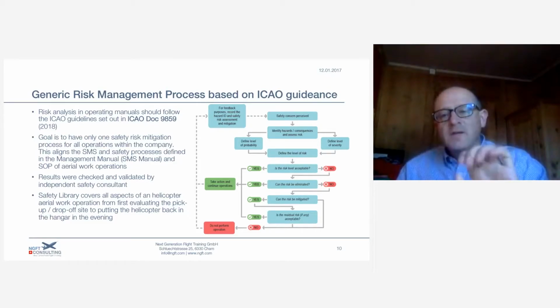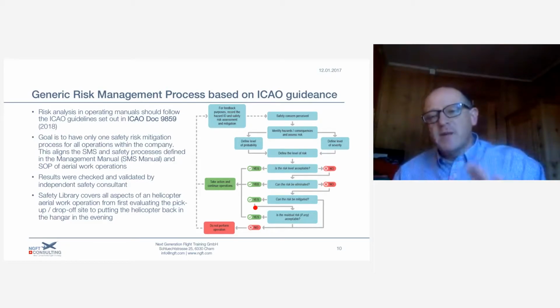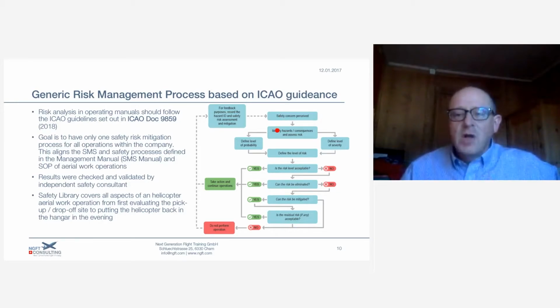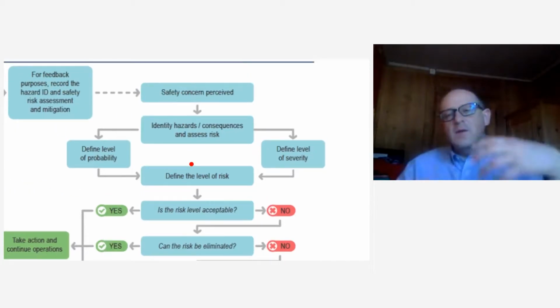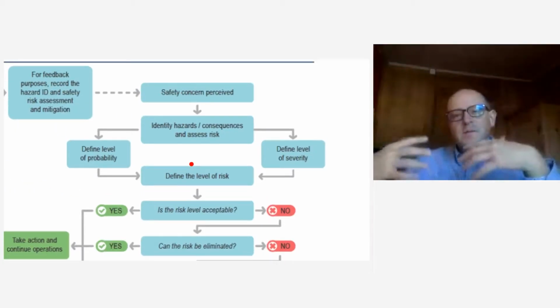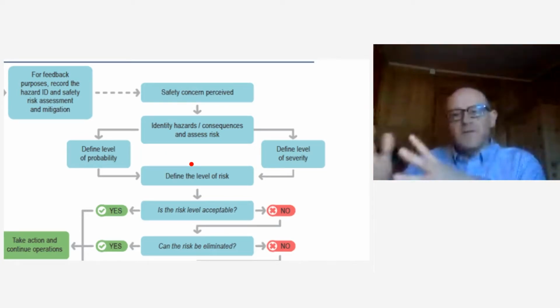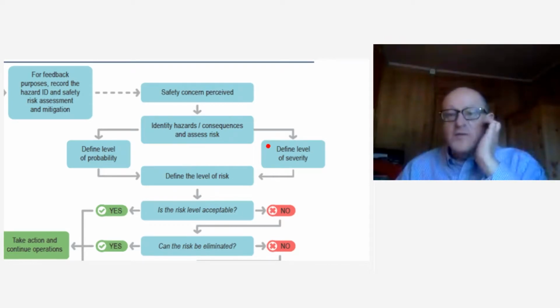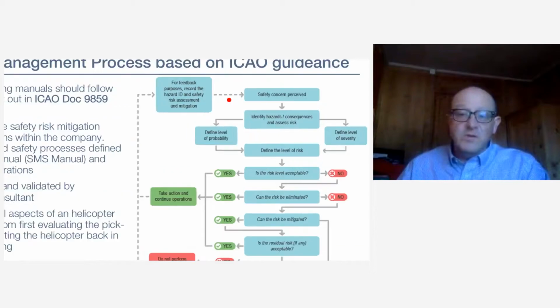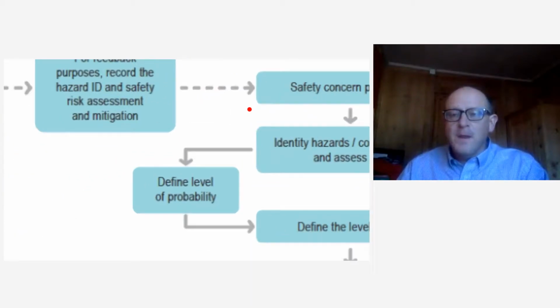Now, the generic risk management process based on the latest ICAO guidance looks like this. Let's go through that a bit more in detail. It's actually, when you think about it, basically identical to what we've seen in the ISO part. It's these kind of steps. So we have a perceived safety concern right here.